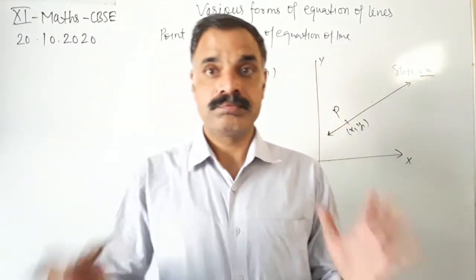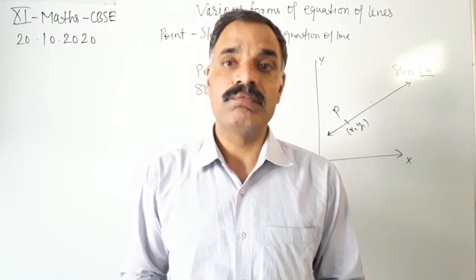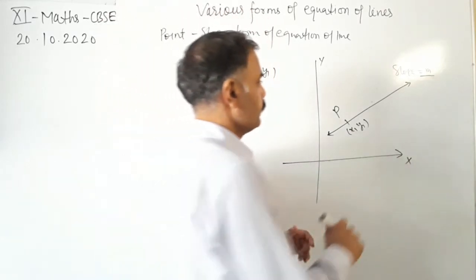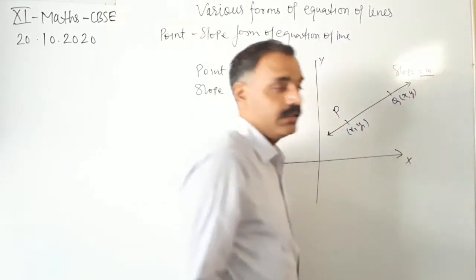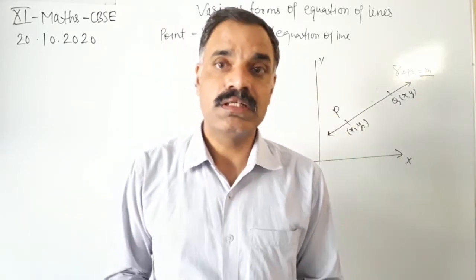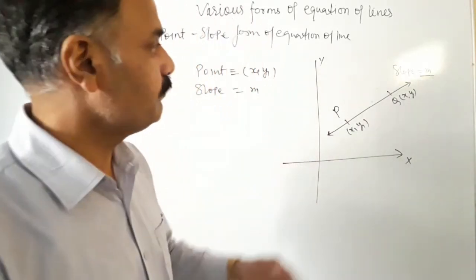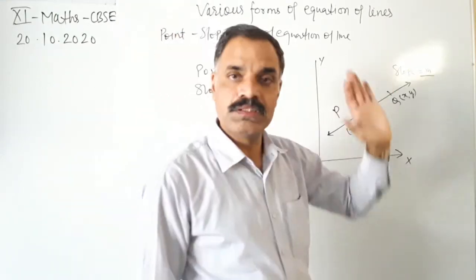Okay, so we will consider one more point on the line, that is Q. Its coordinates are x, y. This is a general point on the line, which can vary from this point to this point.